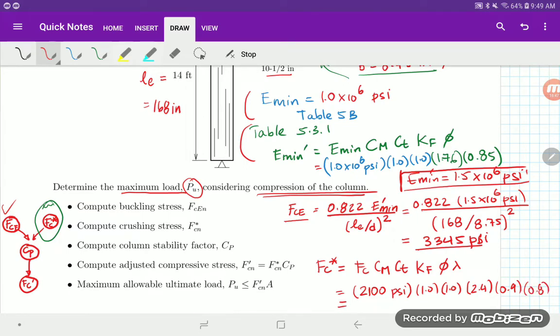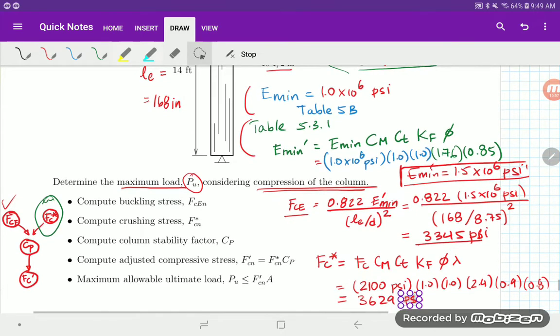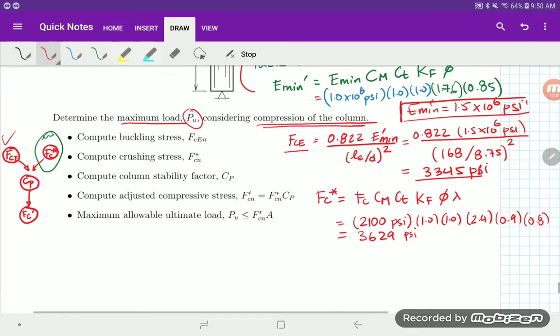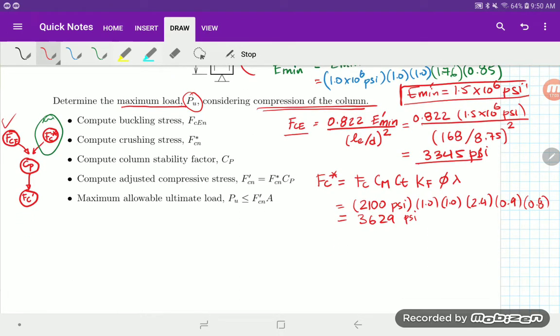All of that together gives me 3629 psi. You see that I'm also always making these small mistakes. So I can now compute C sub P, the column stability factor.